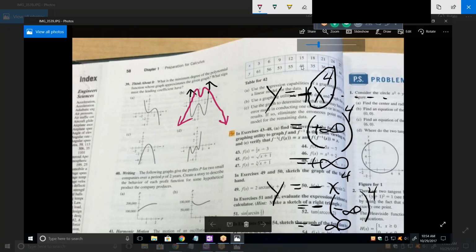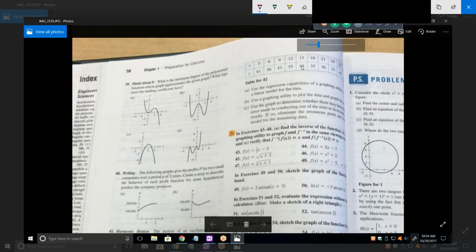Whether x is going to positive or negative infinity, it's the red chart, not the other one. And we already know on parabolas, you've learned a long time ago, that if a parabola opens down, then the leading coefficient is what sign? Negative, exactly.